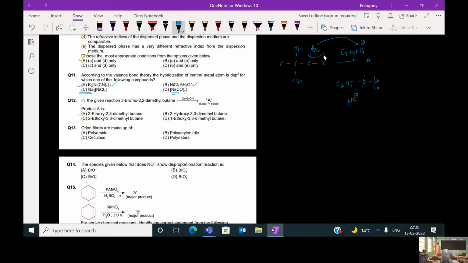Then Br will depart and combine to form HBr. HBr is produced here.